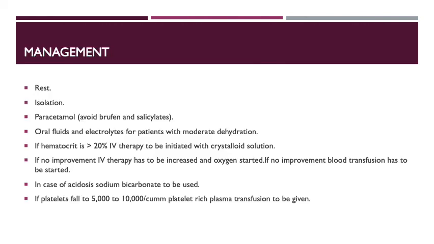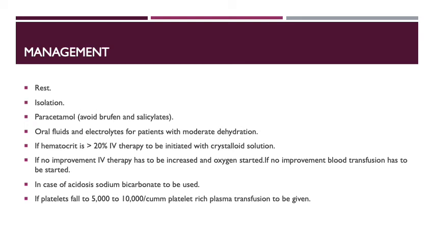Now coming to the management of the patient with dengue fever, we have to ensure the rest and isolation of the patient. To control fever, we have to give paracetamol, but avoid brufen and salicylates as they can cause gastritis or bleeding. Then oral fluids and electrolytes are to be given for patients with moderate dehydration.